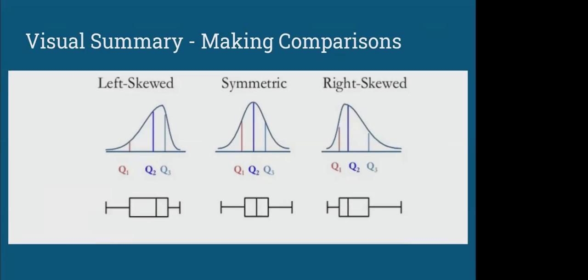And the right whisker, or upper whisker, is longer than the left, and in parentheses, lower whisker. Okay? So those are the characteristics that you will look for when you determine left skewed, right skewed, or symmetric.